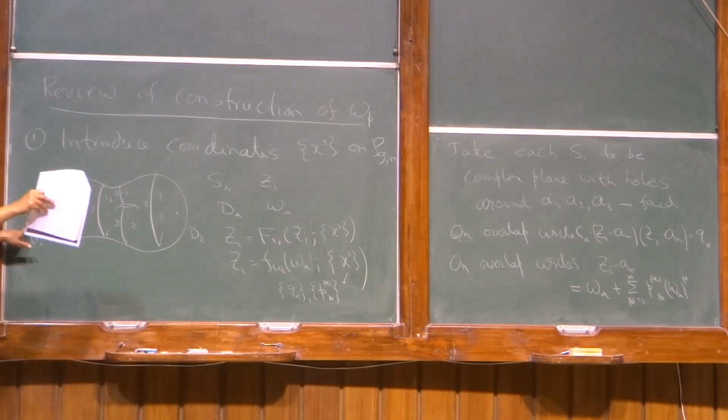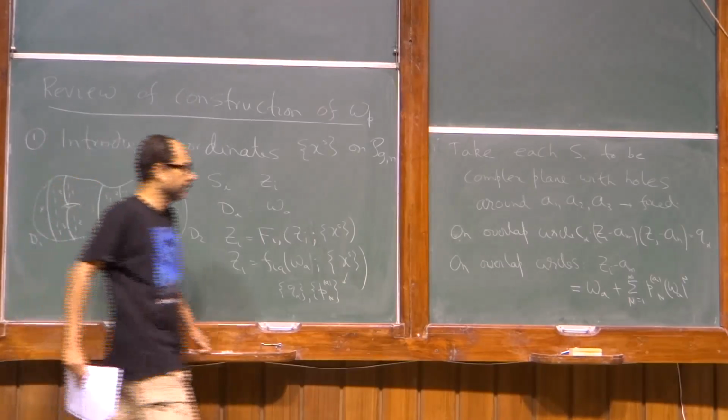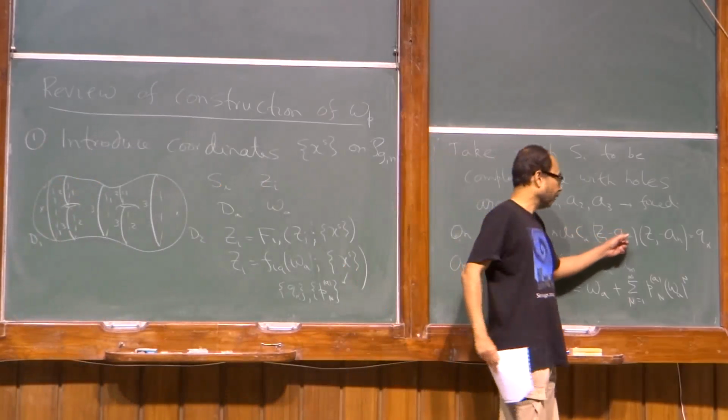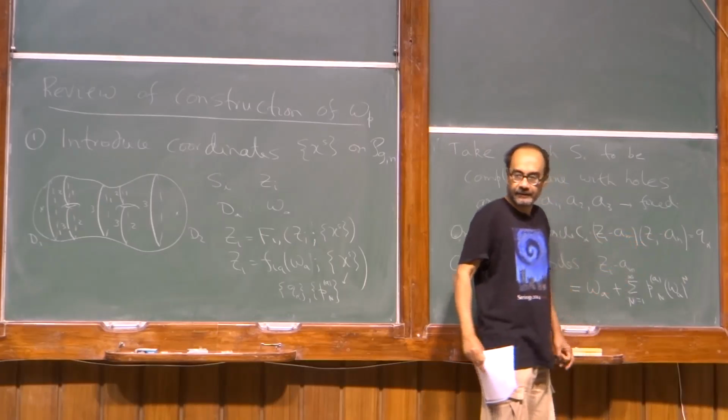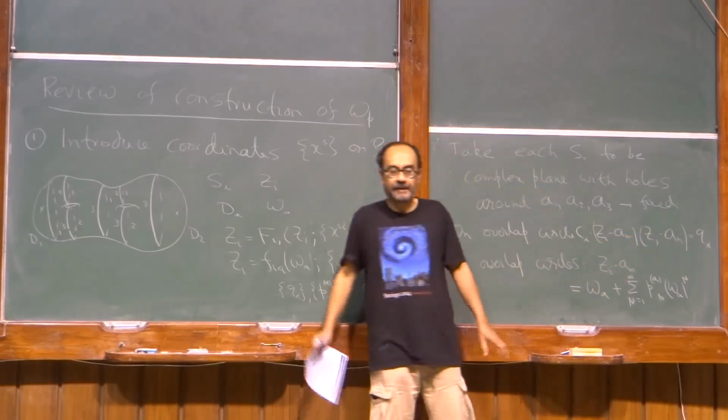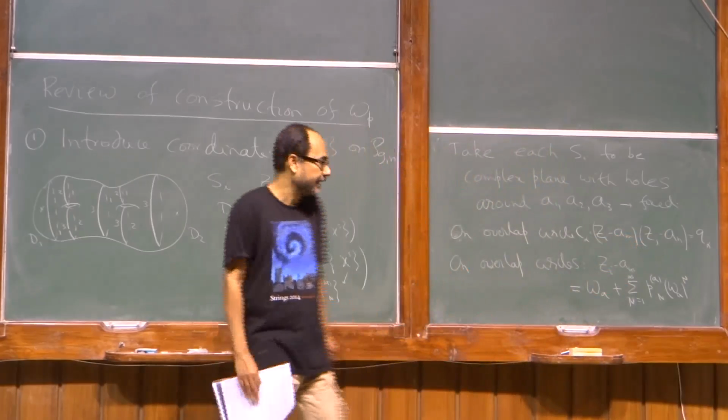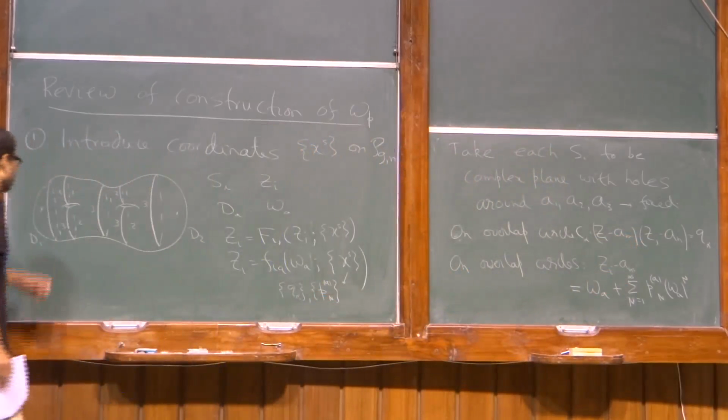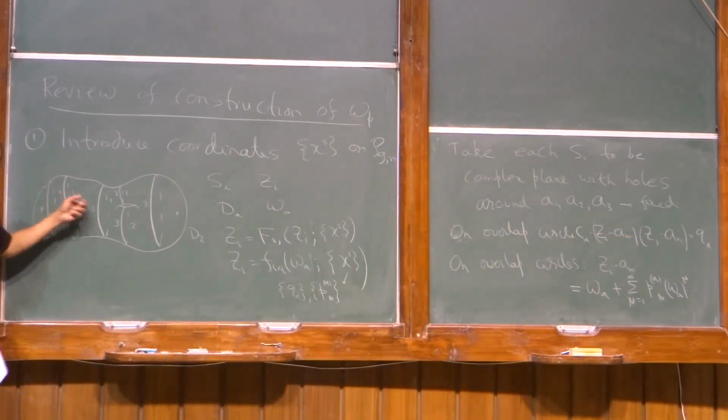Right? That A1, A2, A3 is just which hole you are doing. Right? Which hole is being included. Depending on that, you pick Zi minus A1, A2 or A3. Okay, this assignment you can fix once and for all. It's a convention. You just fix once and for all as 1, 2, 3, 1, 2, 3 and so on.